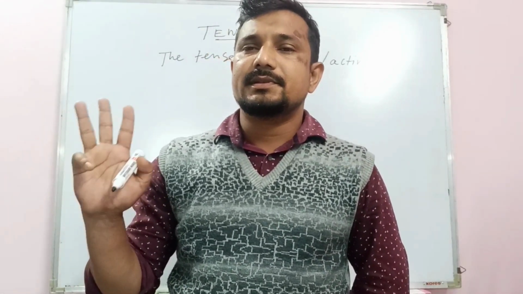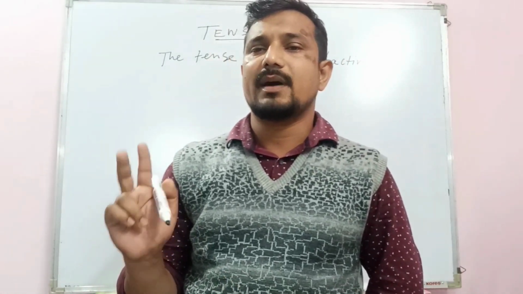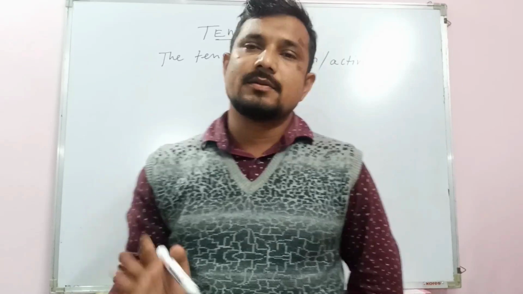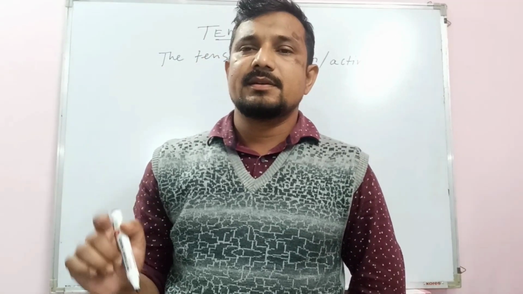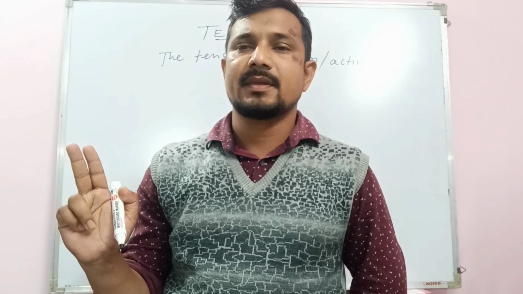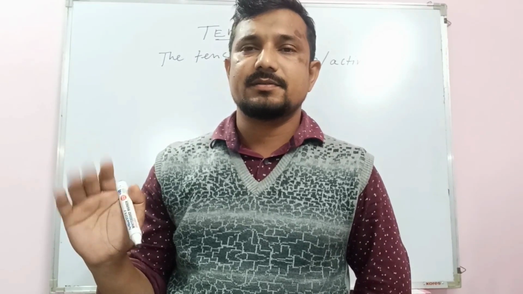Tense is basically divided into three broad categories: present, past and future. And every tense is also subdivided into four categories. For example, present tense is divided into four categories: present indefinite or simple present, present continuous, present perfect, and number 4, present perfect continuous.